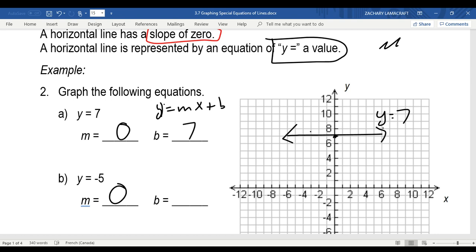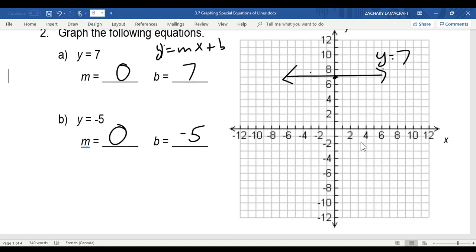And our y-intercept? -5. So we would go to -5. And we'd have that straight horizontal line across with our arrowheads. And it would be y equals -5. Okay.